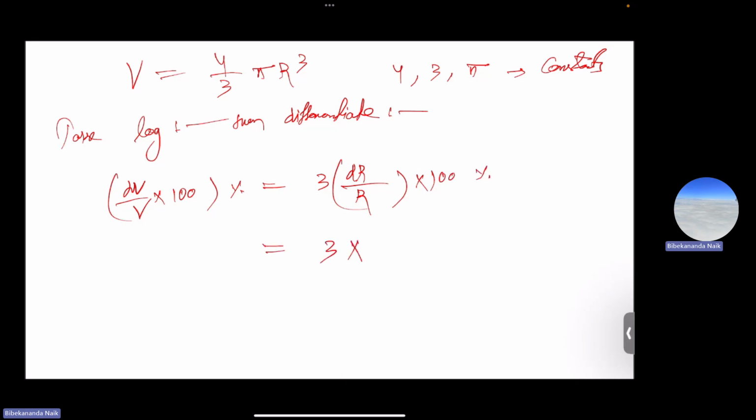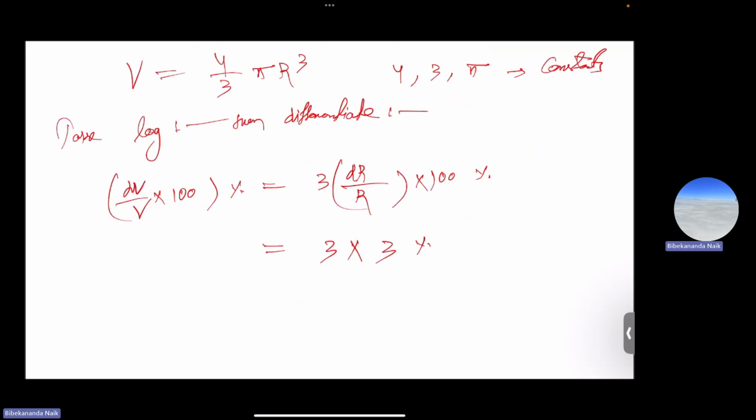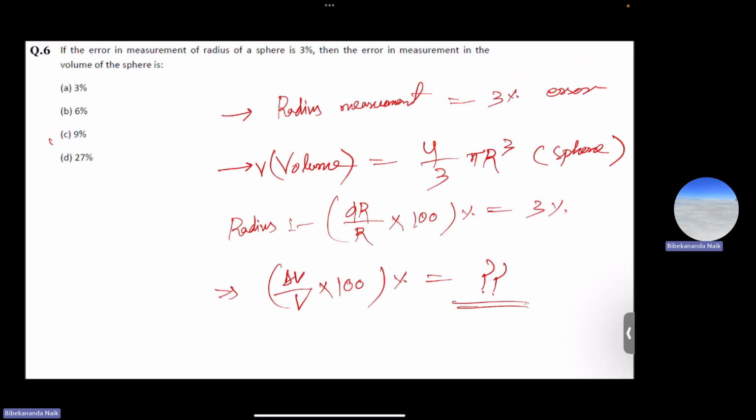So 3 into dr by r, which is 3%, so 9%. So the correct answer is option C, 9%. So I hope this is clear to everyone.